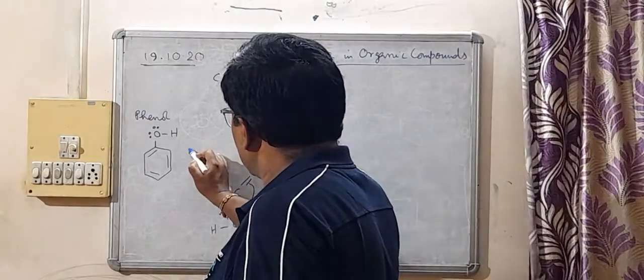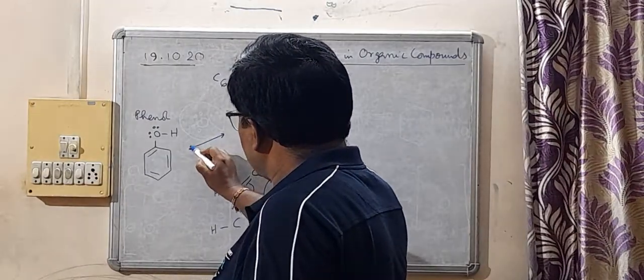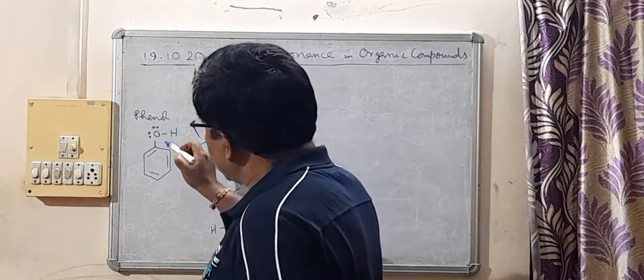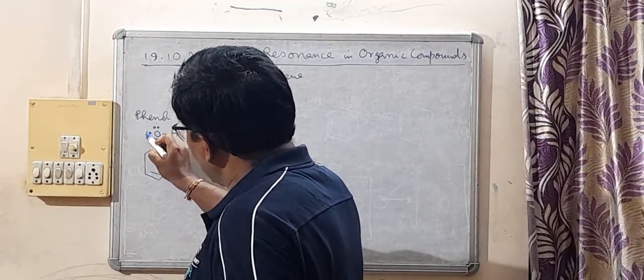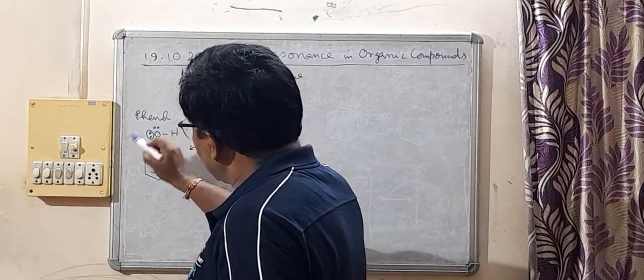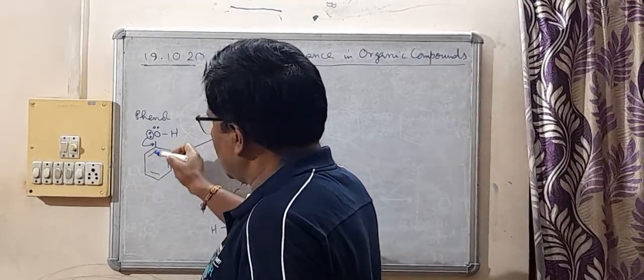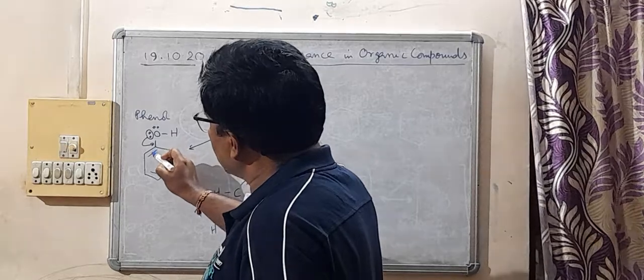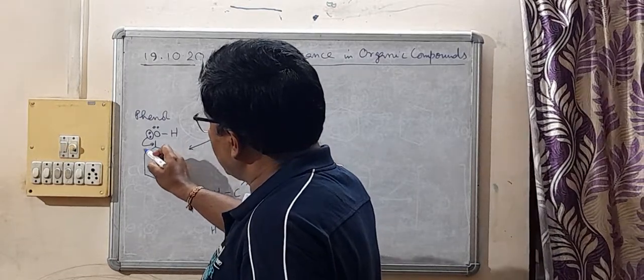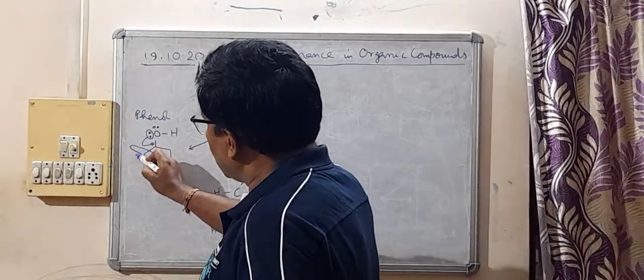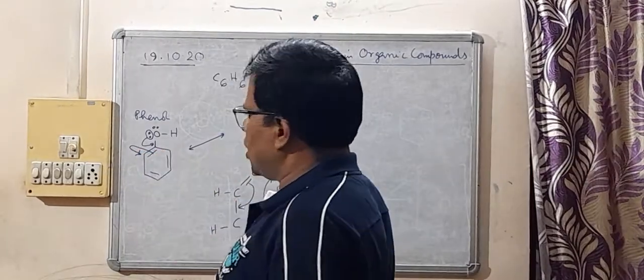So the first structure that we draw is this. What will happen is this lone pair will come here. Here there will be a double bond. Due to that, this pi bond will break and it will come over this carbon atom.